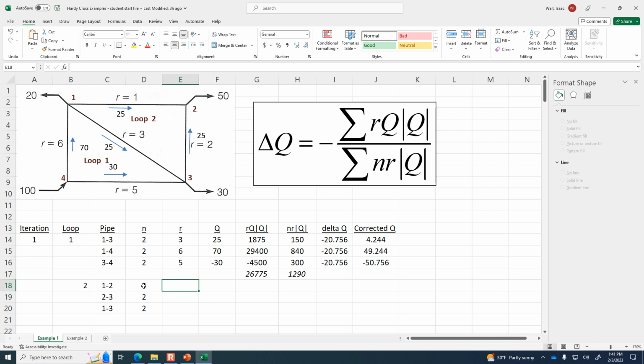I think it's 1 for pipe 1-2, the R value is 2 for pipe 2-3, and the R value is 3 for pipe 1-3. What was my guess for pipe 1-2? My initial guess was 25. My initial guess for pipe 2-3, I have to put negative 25 because it's opposite the clockwise direction. So negative 25.